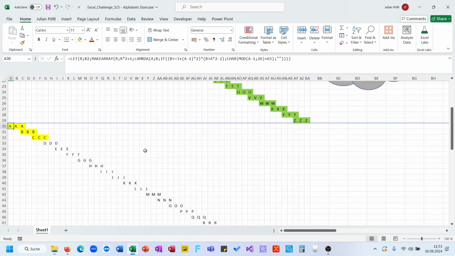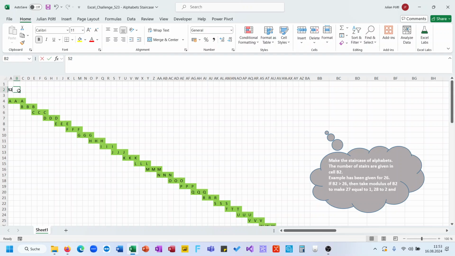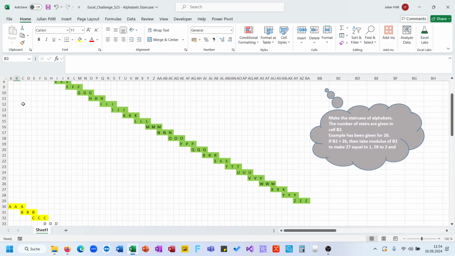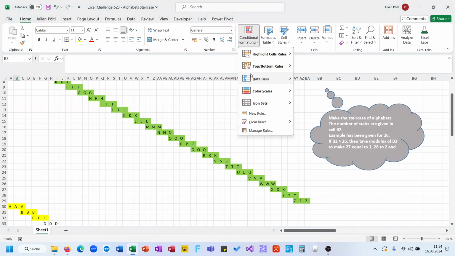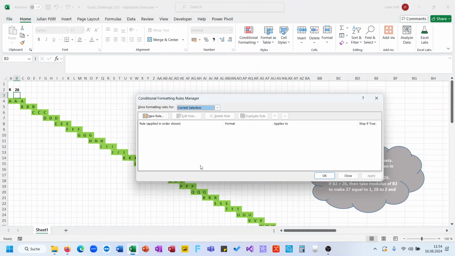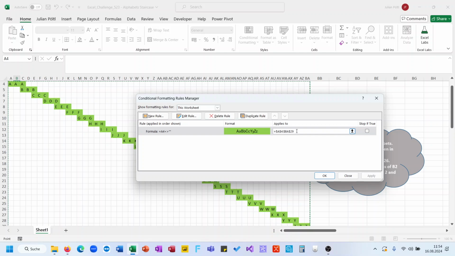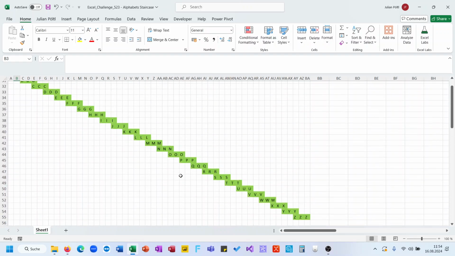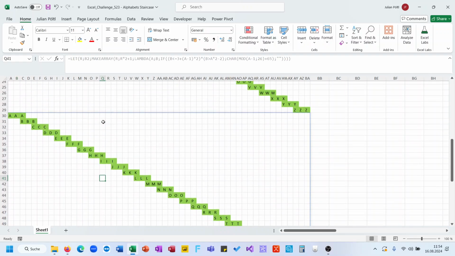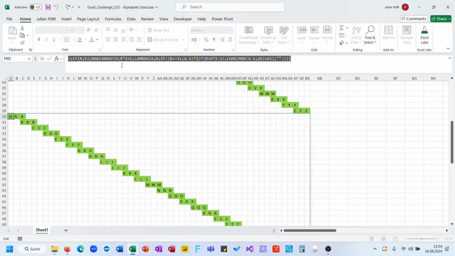So let's make this again 26. And there's conditional formatting for the green one, so I will use this also for my array down below. So it's beautifully done and it is as it should be.